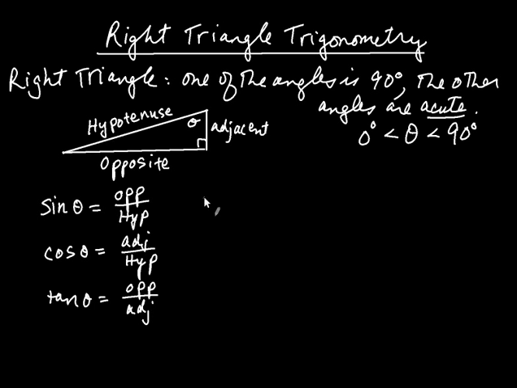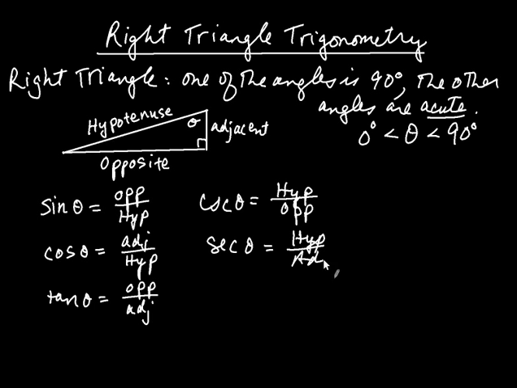And let's see, what else is there? There's the cosecant of the angle, which is the reciprocal of sine, so it's the hypotenuse divided by the opposite. And the secant of the angle is defined to be the reciprocal of cosine, so it's the hypotenuse divided by the adjacent.